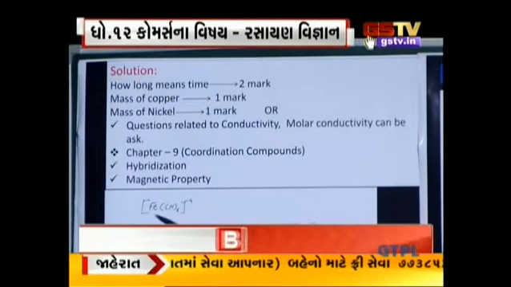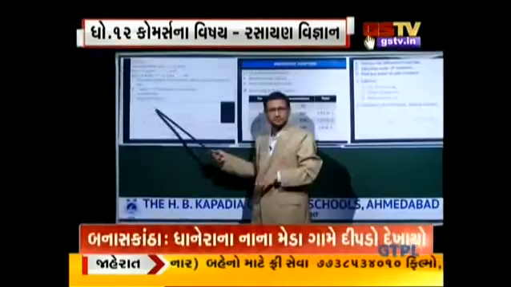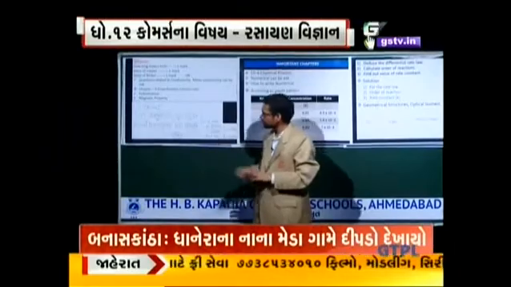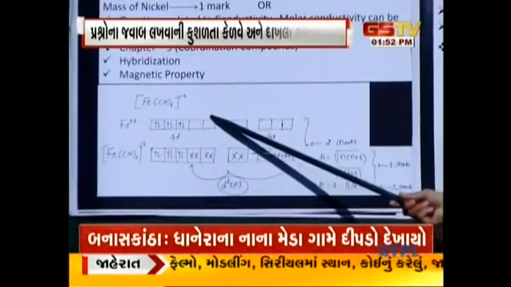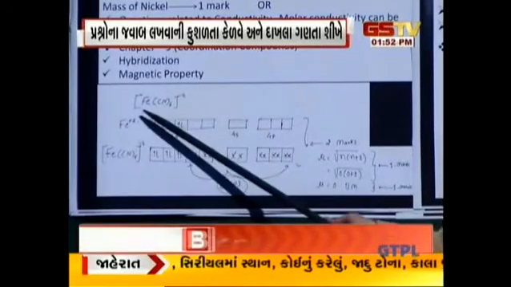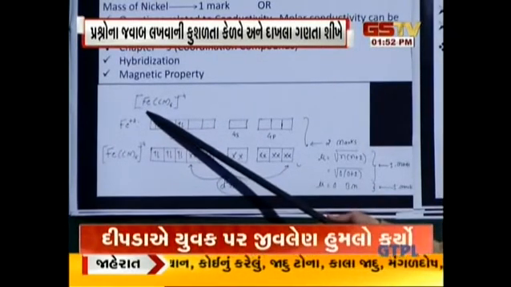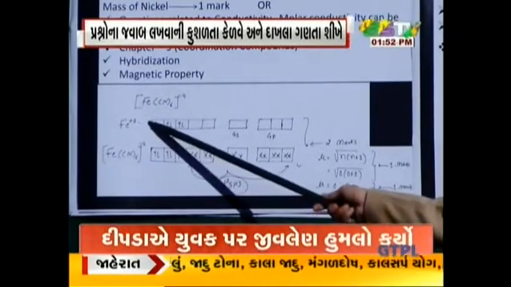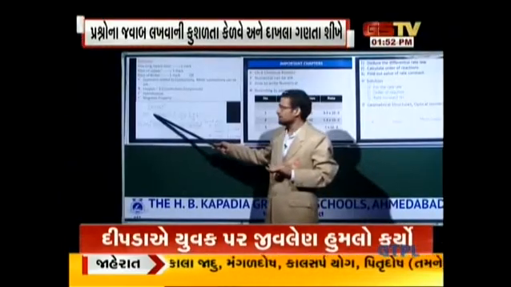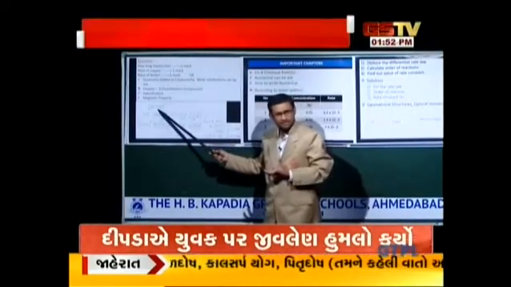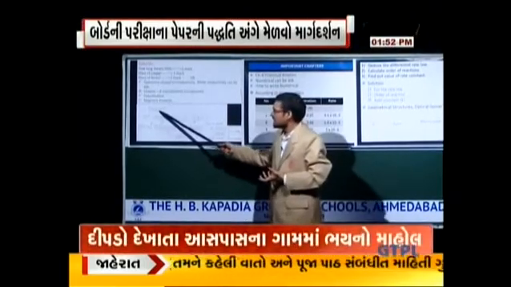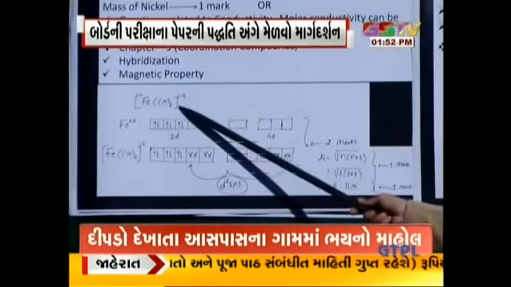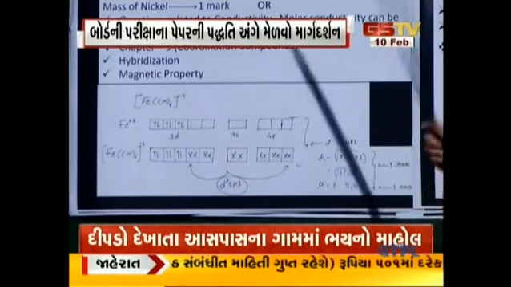Here we have the compound Fe(CN)6 minus 4. So in this compound we will find the hybridization. First of all, you have to know the oxidation number of Fe. What is the oxidation number of Fe? CN minus 1 into 6 is minus 6, and minus 6 goes to the other side.